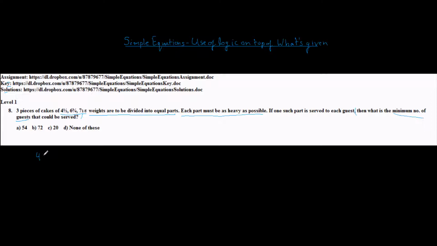So let me list down the weights again. First one is 4.5, second one is 6 3/4, third one is 7 1/5. Since the unit is not given, I can assume it anything I like. Let me assume it is kg. Now I don't like dealing in fractions: 4.5, 6 3/4, 7 1/5.